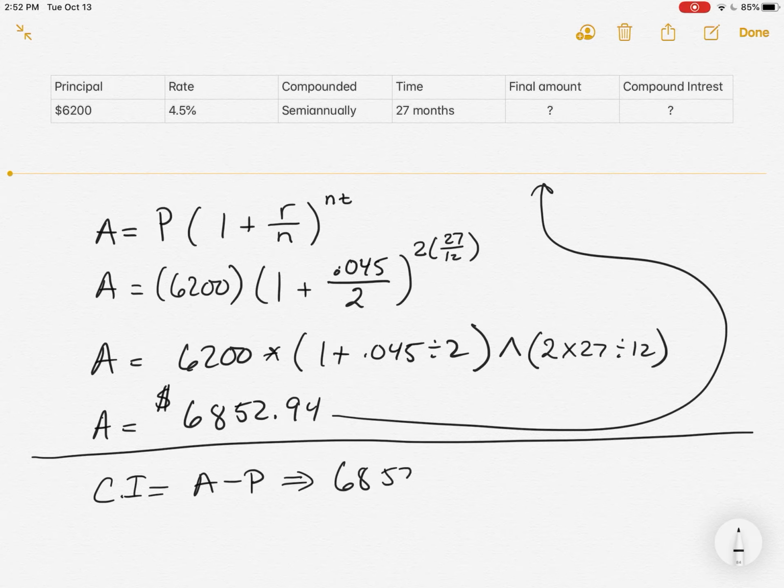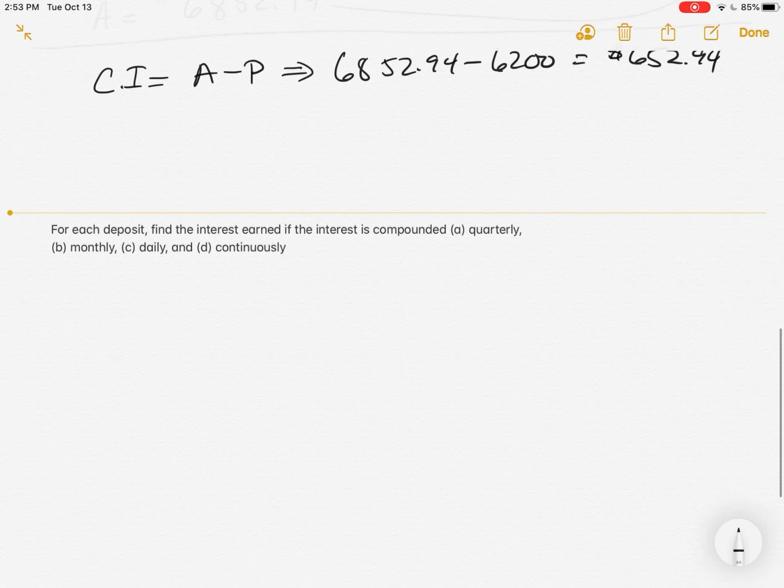To take the 6852.94, subtract away the 6200, and so let me do that. 6852.94 minus 6200, and in that 27-month period, there would have been in interest $652.94. So pretty cool in there.